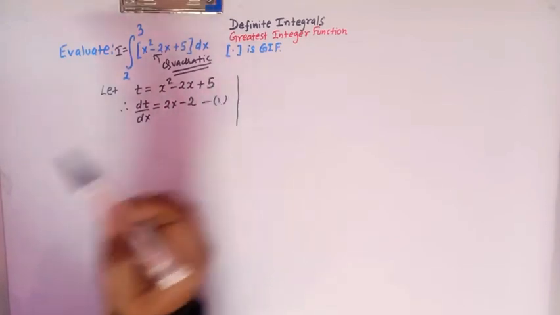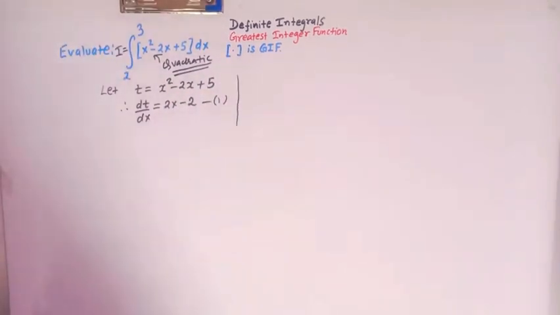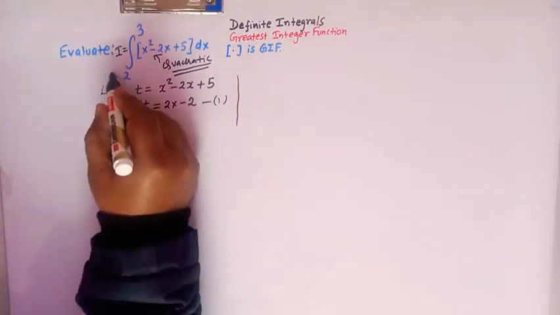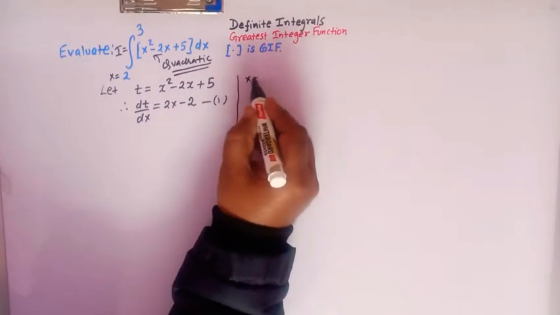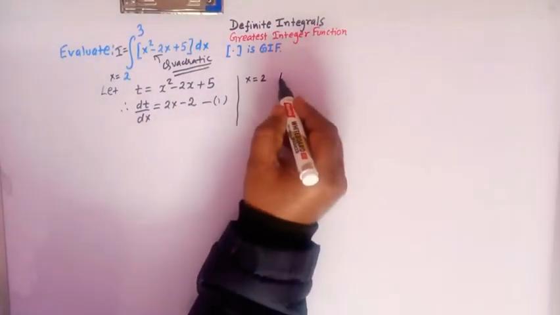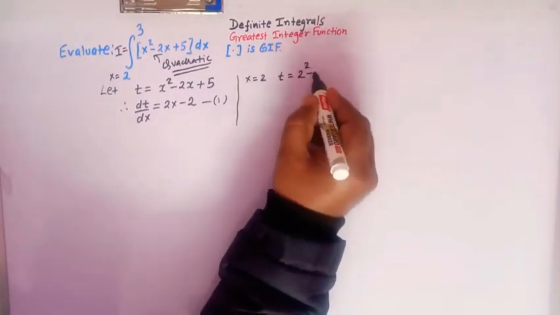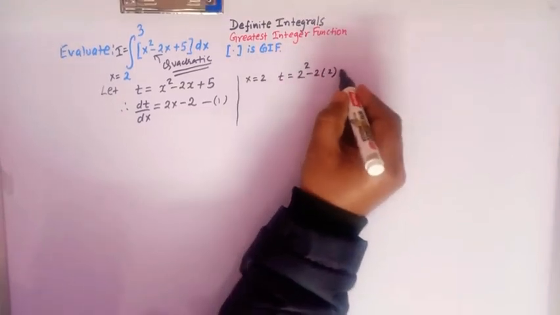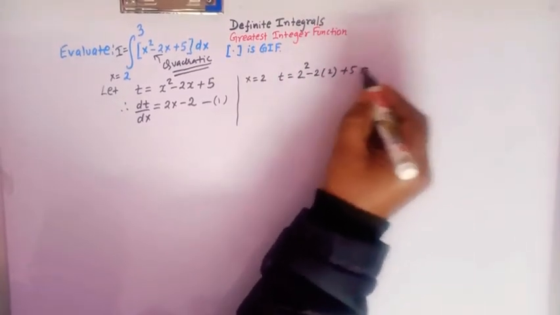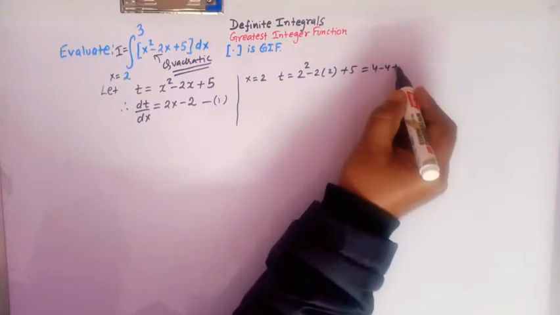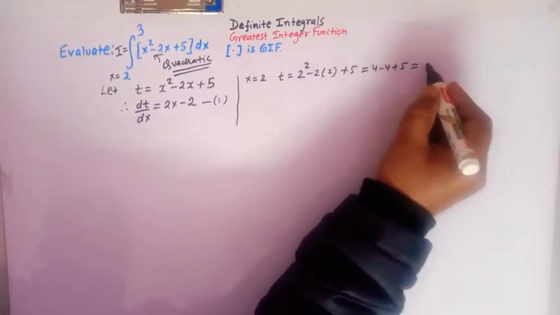Since we are using the method of substitution, let us change the limits. When x is equal to 2, the value of t is 2 square minus 2 times 2 plus 5, that is 4 minus 4 plus 5, that is 5.